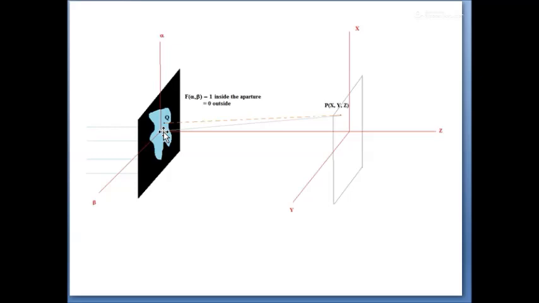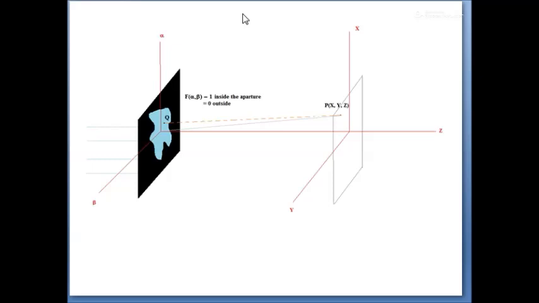Considering this fact, I have to take a function f(alpha, beta) that is lying on this plane. The value of this function f(alpha, beta) equals 1 when the point is situated within the aperture. On the other hand, the value of f(alpha, beta) outside the aperture will be 0.